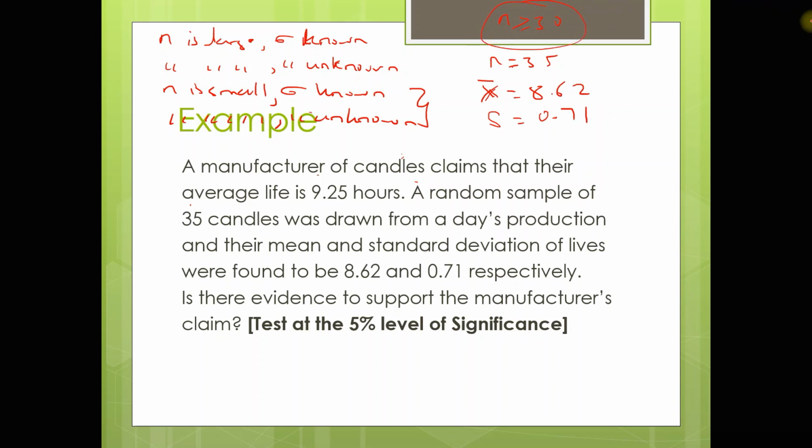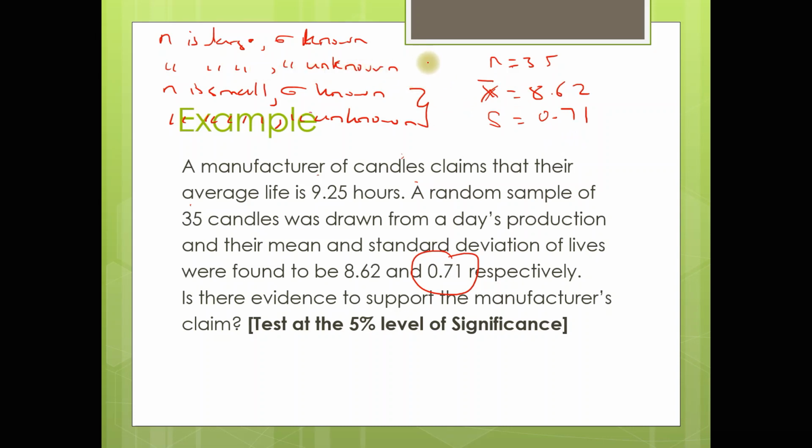So we are dealing with a large sample case. To be more precise, sigma is unknown. This 0.71 is not sigma, it is S, but sigma is not given to you. So sigma is unknown.